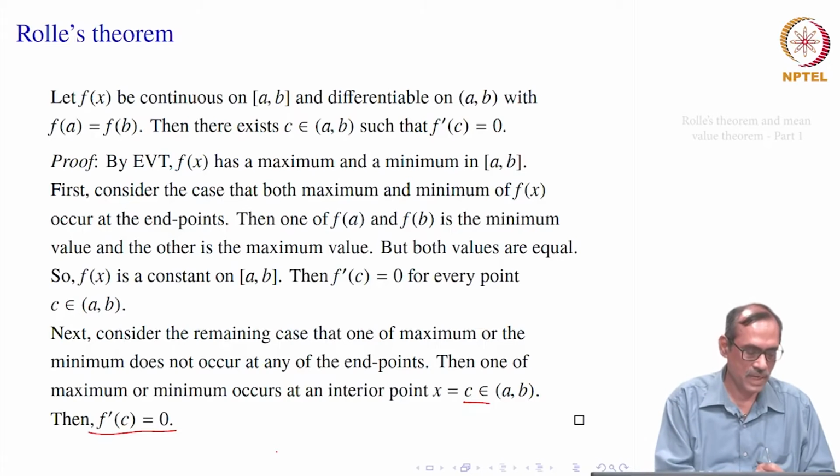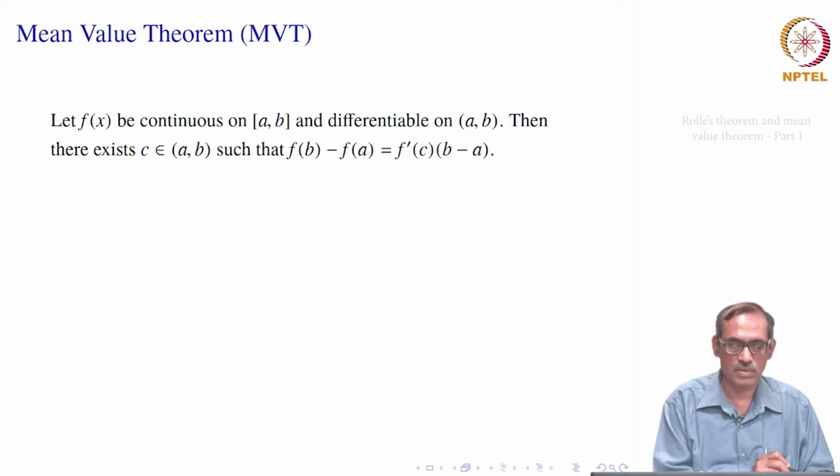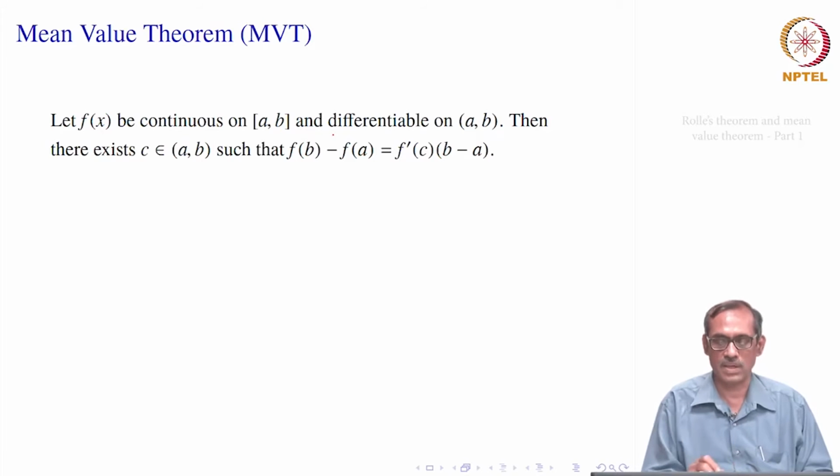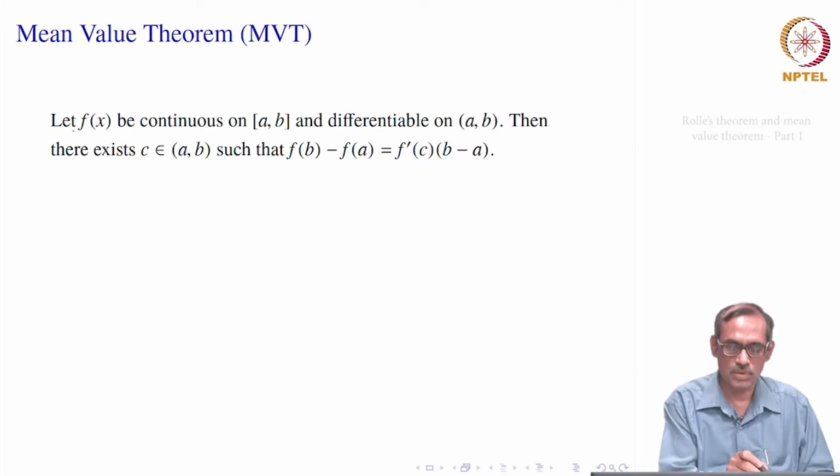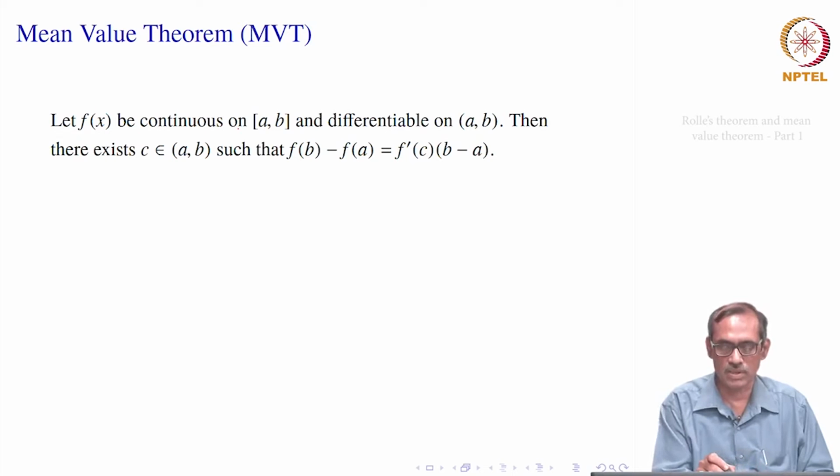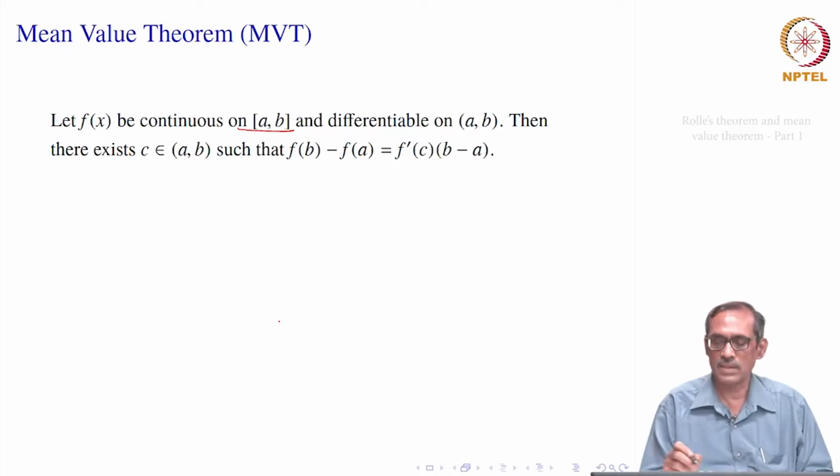So, we will see many applications of this Rolle's theorem, but the first application is a slight generalization of this idea, where we assume those two facts: f(x) is continuous on the closed interval [a, b] and it is differentiable on the open interval (a, b), but we do not assume that f(a) equals f(b).